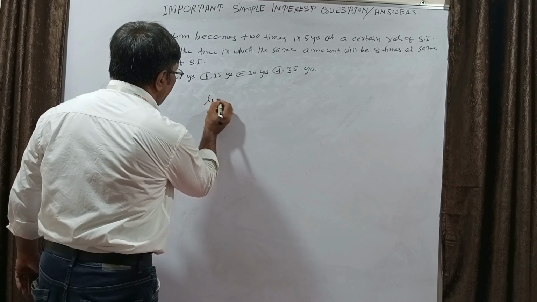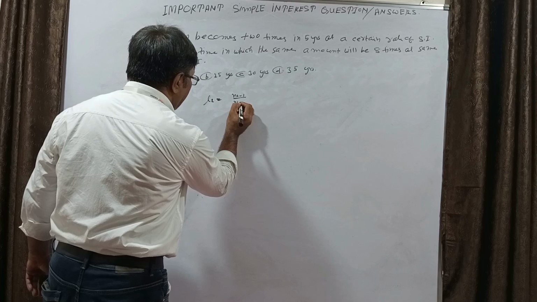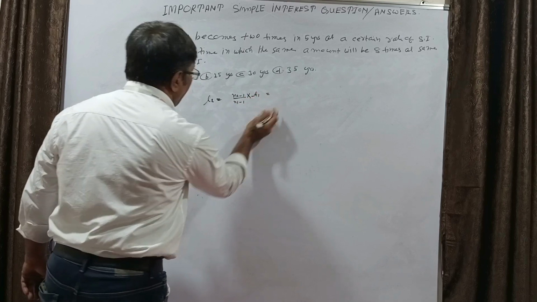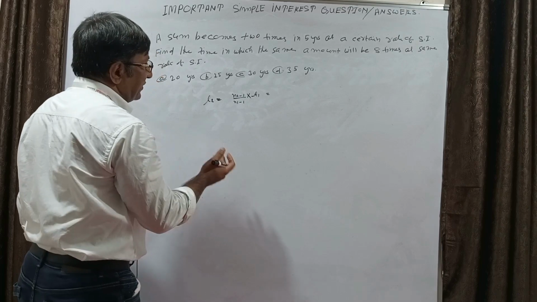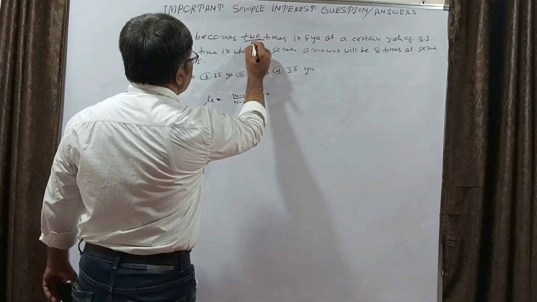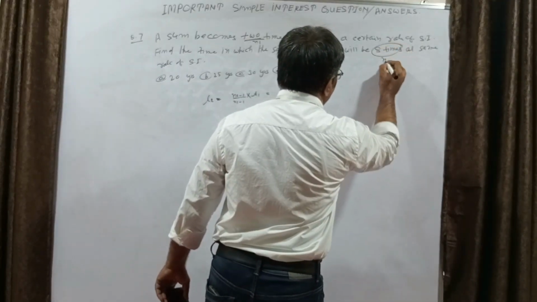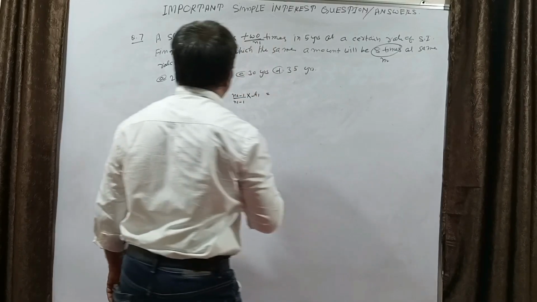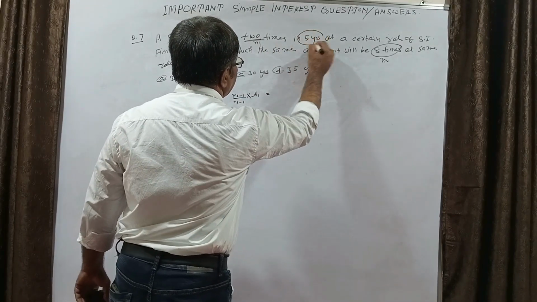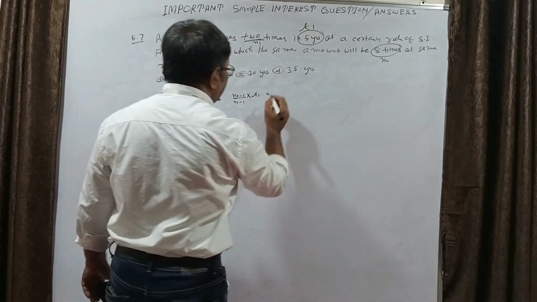The technique is (N2 minus 1) divided by (N1 minus 1) and multiply T1. N1 and N2 are the times given. Here first given 2 times, this is N1, and here given 8 times, this is N2. And T1 is already given, 5 years.